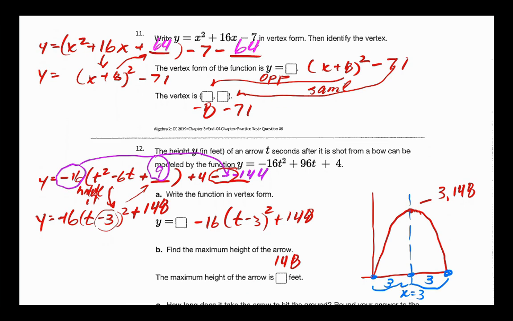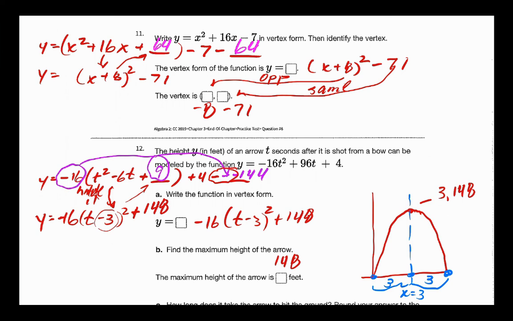What I had to show you is that to get this t squared and the t by itself, I factored out a negative 16. So when I divide by negative 16 here, that gave me negative 6t. Notice I did the same thing I just did on number 11.